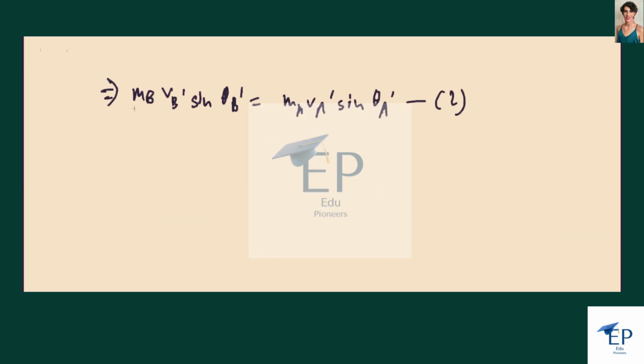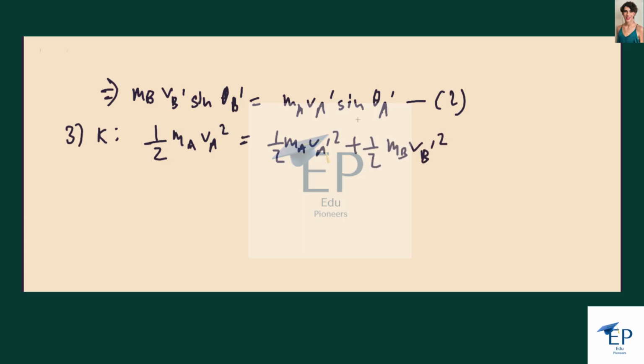And so the final conservation law is conservation of kinetic energy. So initially you have 1/2 MA VA squared. Finally, you have 1/2 MA VA prime squared plus 1/2 MB VB prime squared.